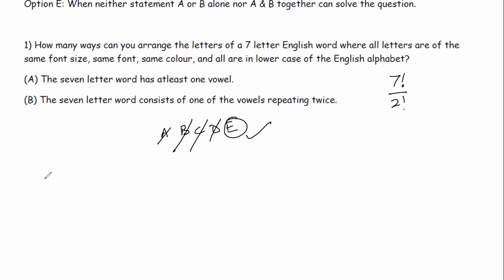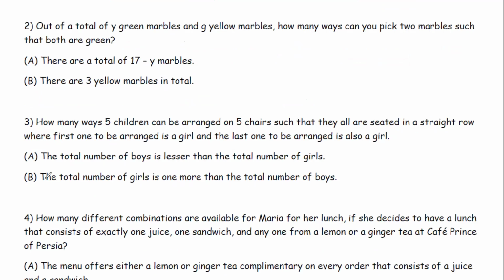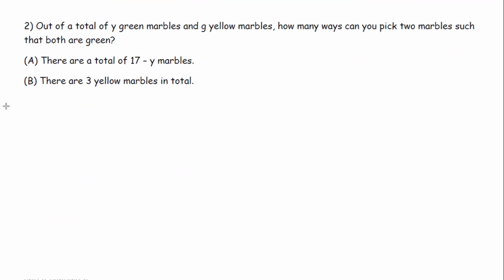Second one. Out of total of Y green marbles and G yellow marbles. So again they're playing with words out here. As you can see, Y could be used for yellow, but they've used it for green.